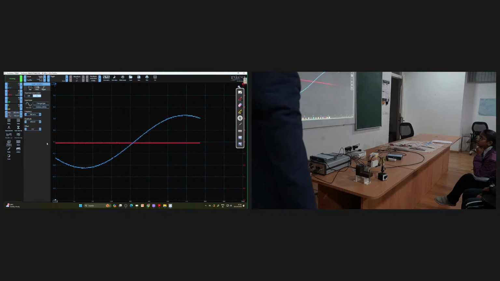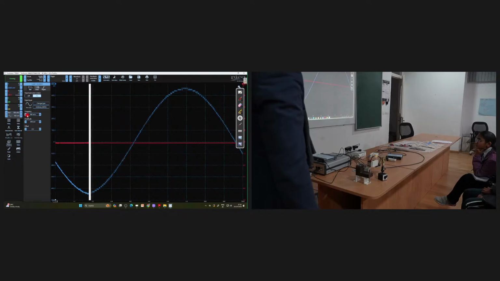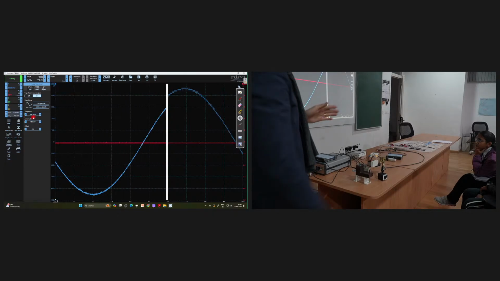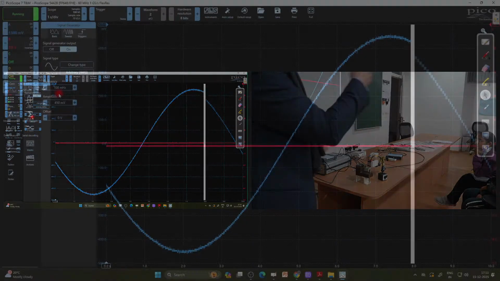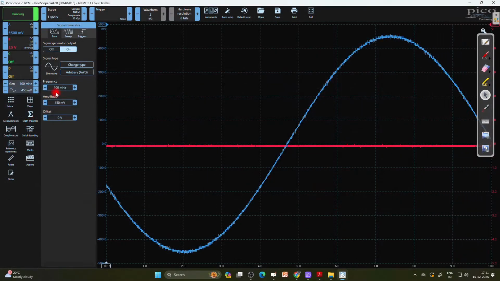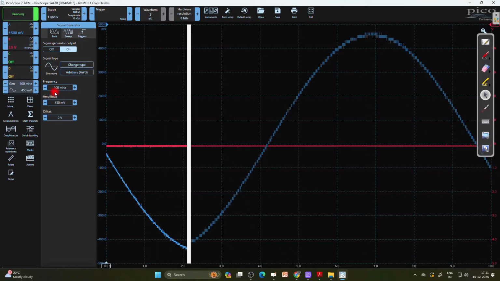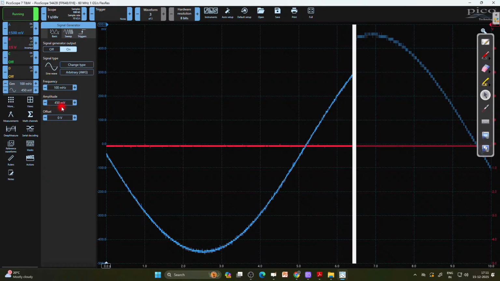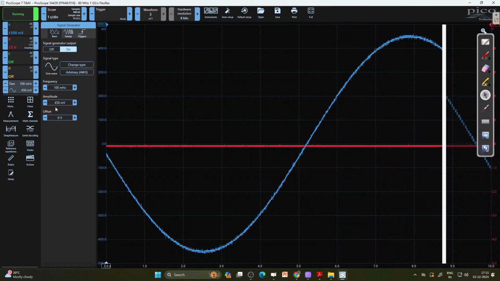I used a very small frequency of 100 millihertz, not megahertz, millihertz, so 0.1 hertz. So very slowly, we increase the voltage, we decrease the voltage, and we shift between minus 450 and plus 450 millivolts. So that's the amplitude, right?